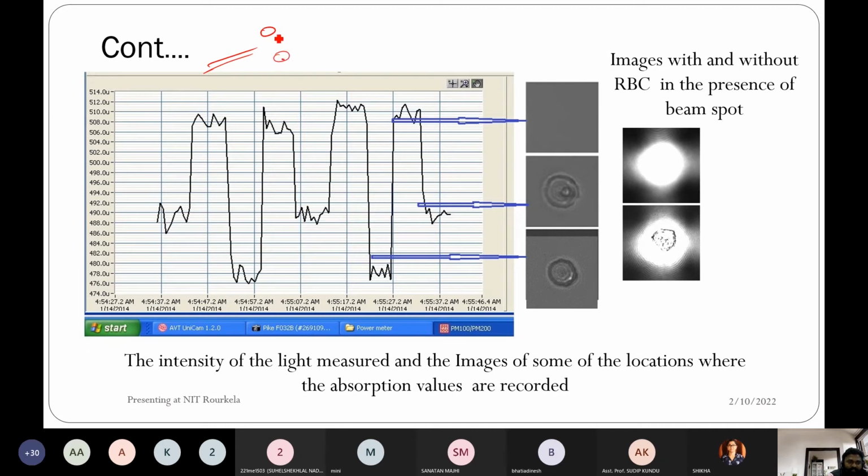This is the malaria infected cell and this is the normal one. Initially it is at the center, and I focused the light on this. Then we observed this change of intensity. When we move towards this direction and the healthy cell is in focus, we found that the change of intensity is this.